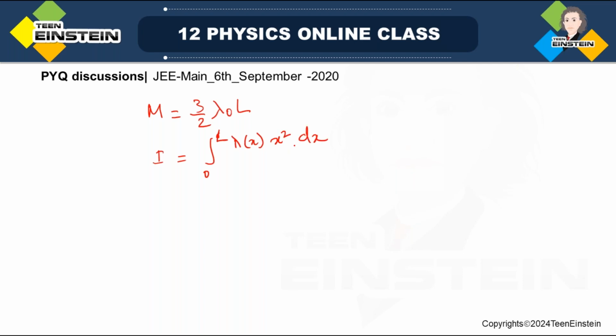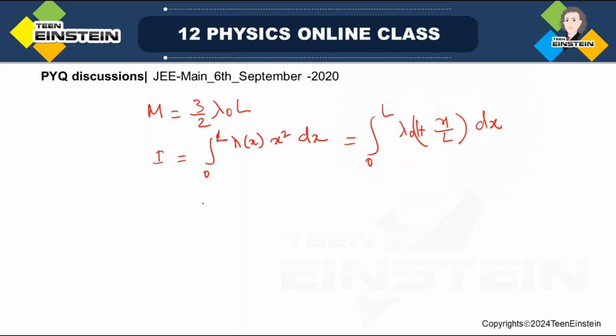So this is what is the thing. Now we have got 0 to L, and we'll put the lambda x, lambda x is equal to lambda 0 into 1 plus x by L, into dx.